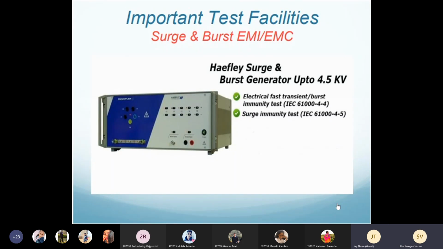Yes. So apart from all these assemblies, we have a few other important test equipments as well. The one which you can see right now is an EMI EMC tester by a company called Hafley. So what is EMI EMC? I'm sure you must have learned about electromagnetic interference. When you make PCB assemblies, electromagnetic interference is an issue which you have to deal with.